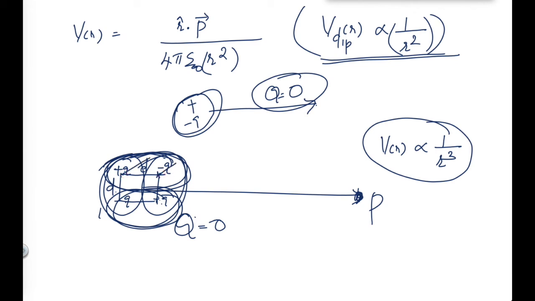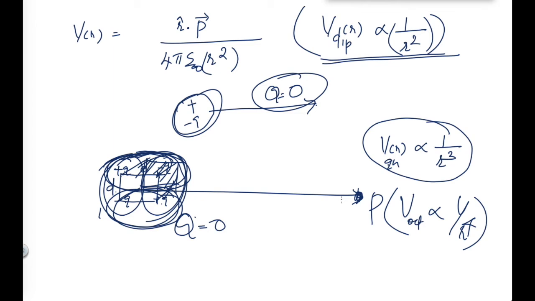Now if I take another square at the same distance, or you take two quadrupoles and make an octopole, again the net charge Q is equal to 0, but still you have a charge distribution, and the potential due to the octopole will be proportional to 1 by R raised to 4. We will shortly show or prove it.